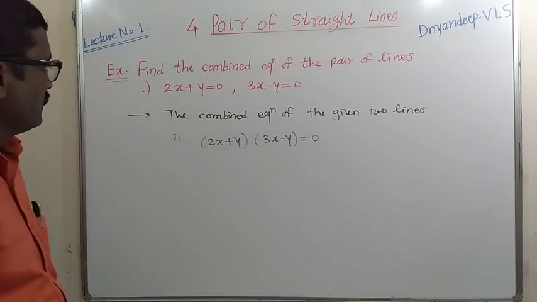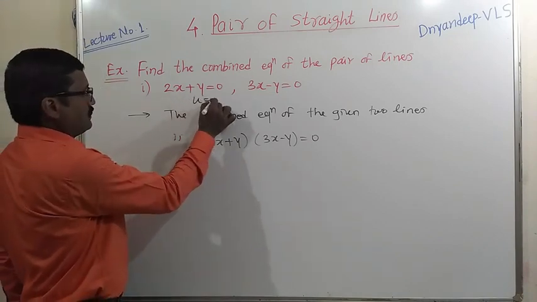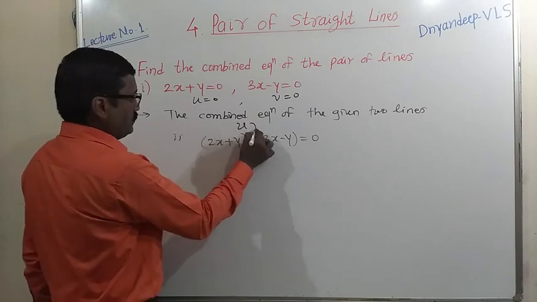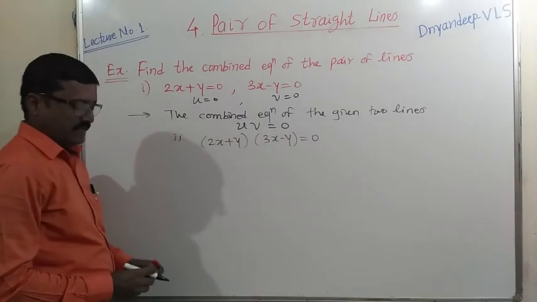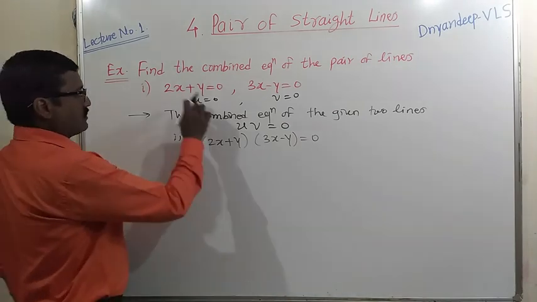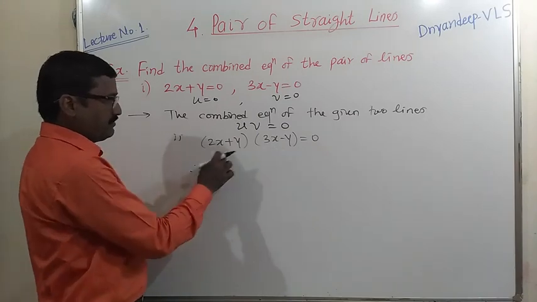Okay, as this equation is u equal to 0, second equation is v equal to 0, the combined equation will be uv equal to 0, and hence we get this as the combined equation of these two lines. So just simplify this, means take the product of these two equations.